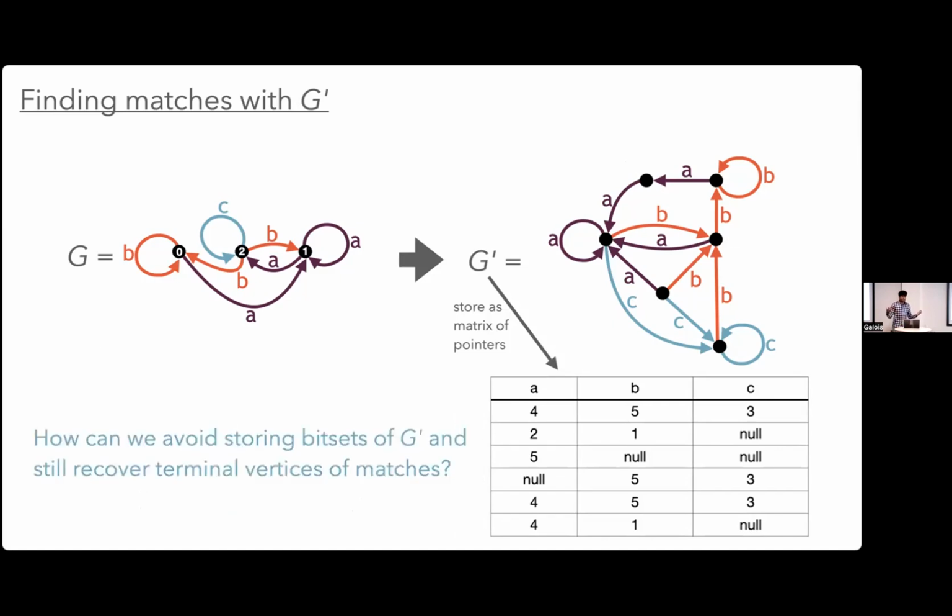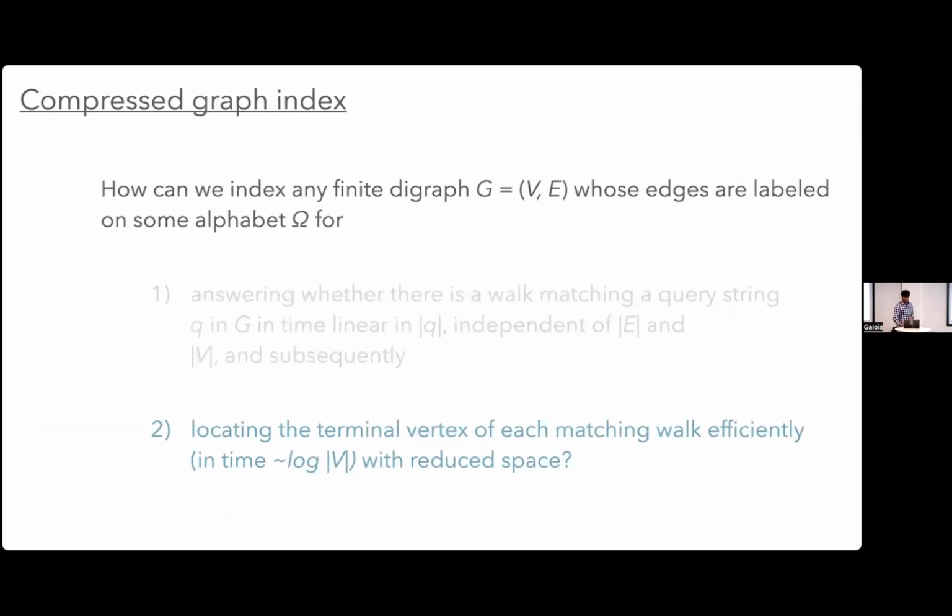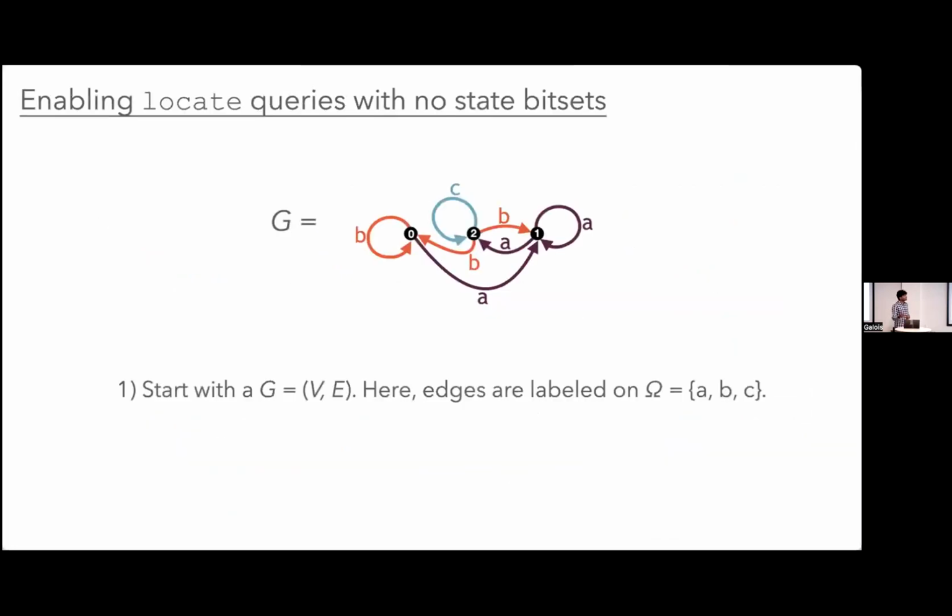So how can we avoid storing these bit sets of G prime and still recover the terminal vertices of matches? And so this speaks to that second problem that I wrote, locating the terminal vertex of each matching walk efficiently with reduced space. And the solution that Reed, Austin, and I came up with is as follows.